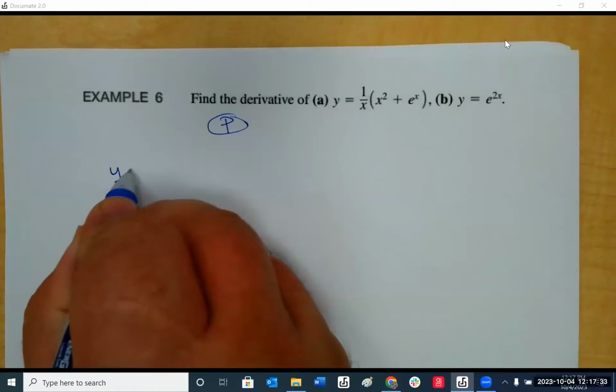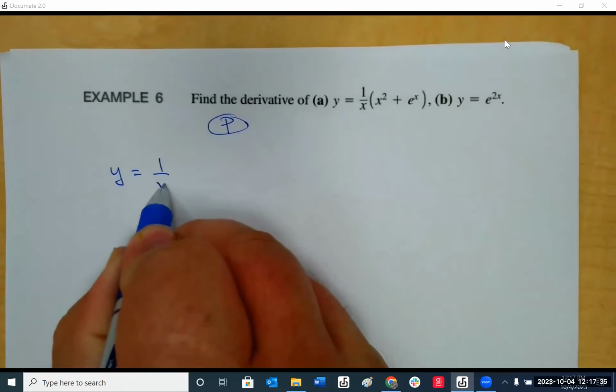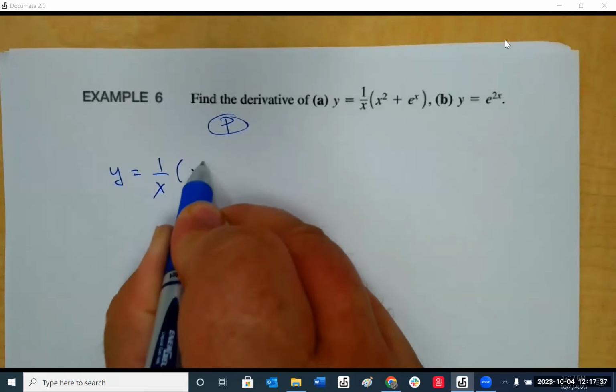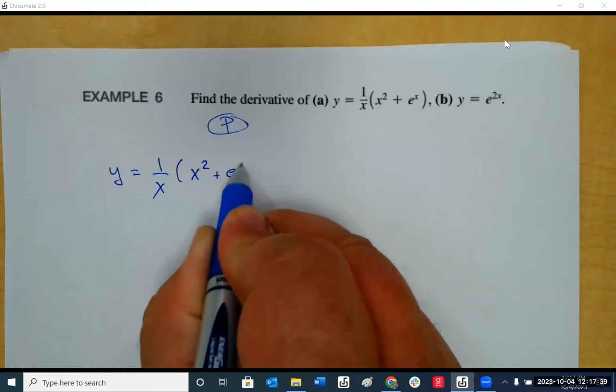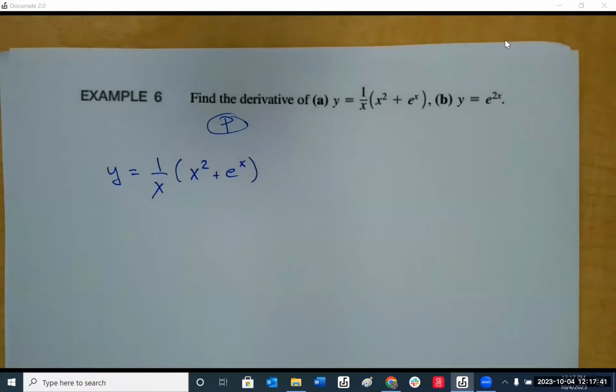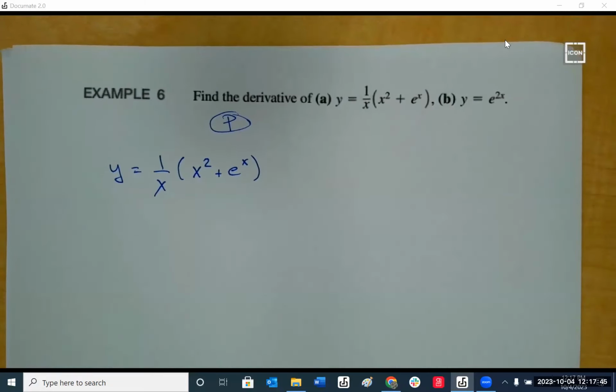We have y equals 1 over x times x squared plus e to the power x. There are 3 or 4 different ways you can do this. Which way did you choose? I chose the quotient. Okay. What did you choose? I use the exponent. The exponent one?